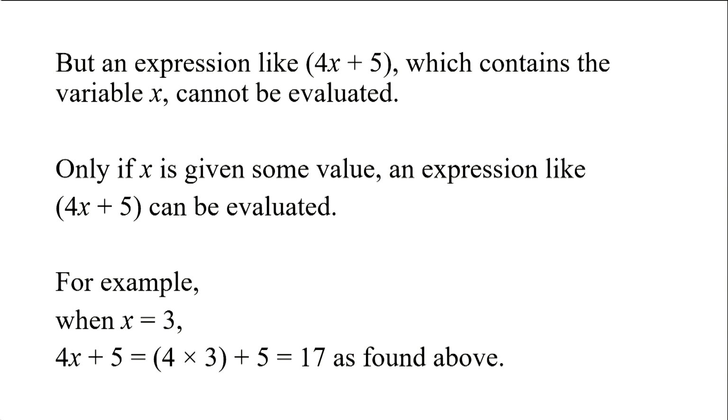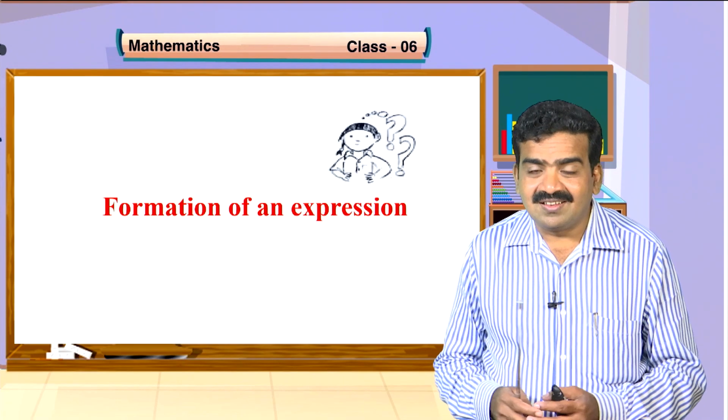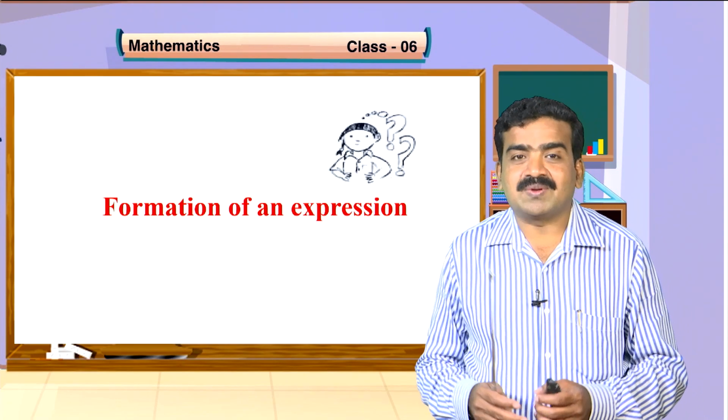For example, if x takes the value 3, then 4x plus 5 can be written as 4 into 3 plus 5, which gives us 17 as found above. If x is equal to 2, 3, 4, 5, we will get other values. Now, let us learn how to form an expression.